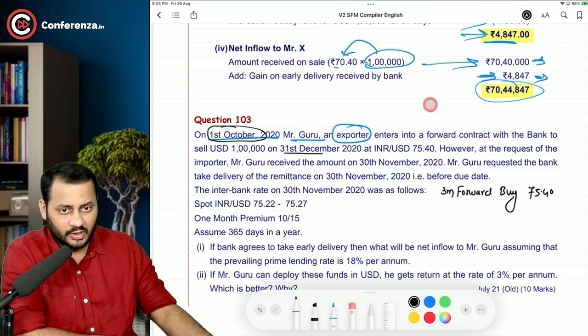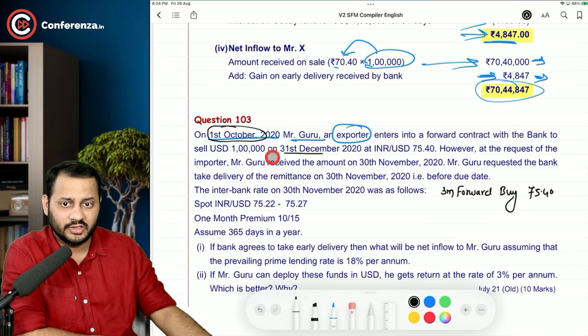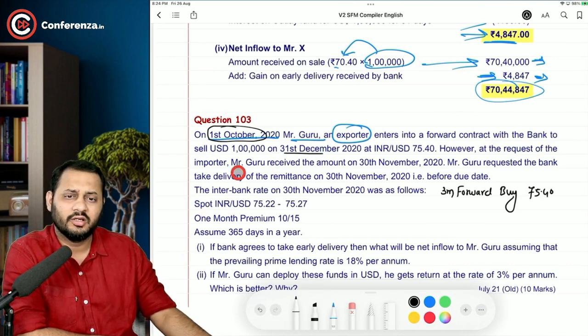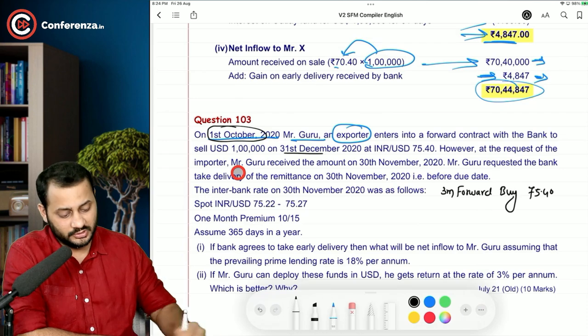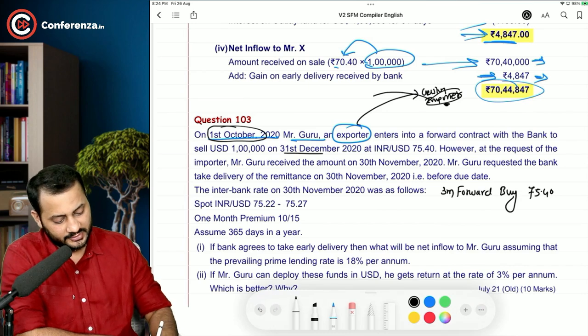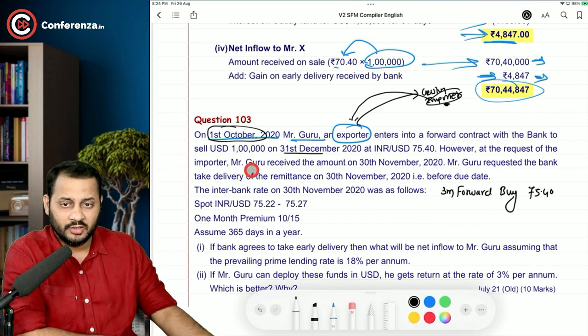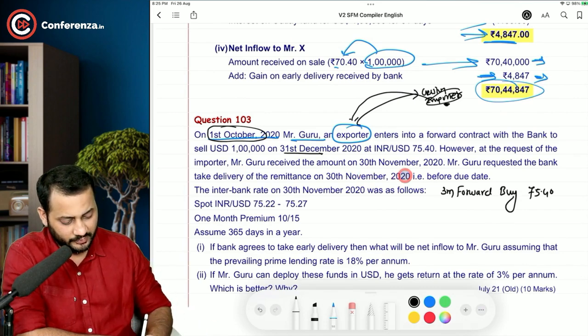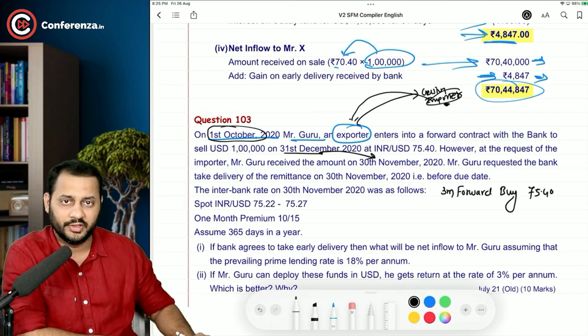However, at the request of the importer, importer meaning exporter sold the goods to the customer and he is the importer, right? So at his request, he received the amount early. Mr. Guru received the amount on 30th November itself. That means a month before the due date. Again, same, the gap is 1 month.